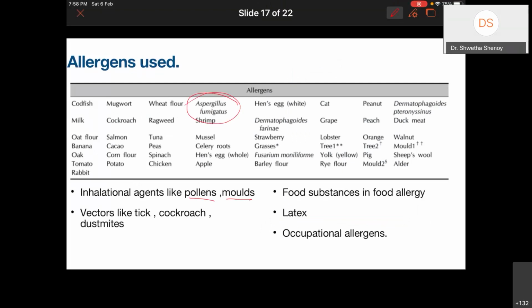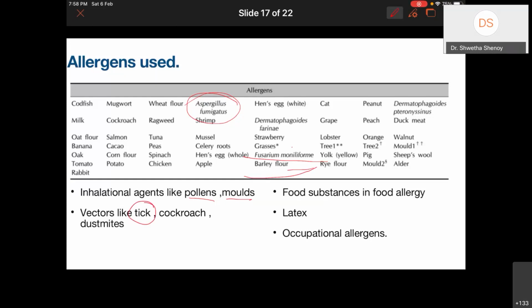We've seen Fusarium also. These are all pollens and molds, but some organic matter can also cause allergy, like barley flour, wheat flour, people working in wheat mills. They can be allergic to wheat flour.